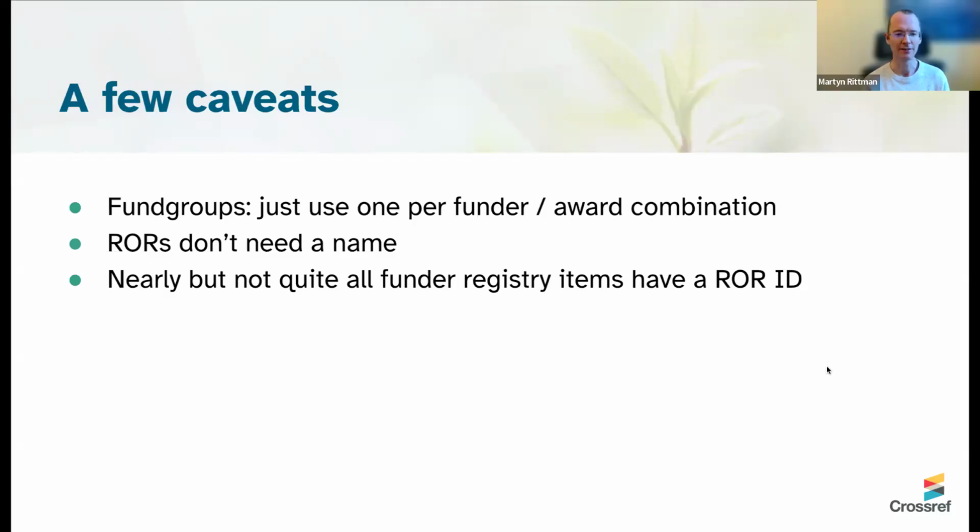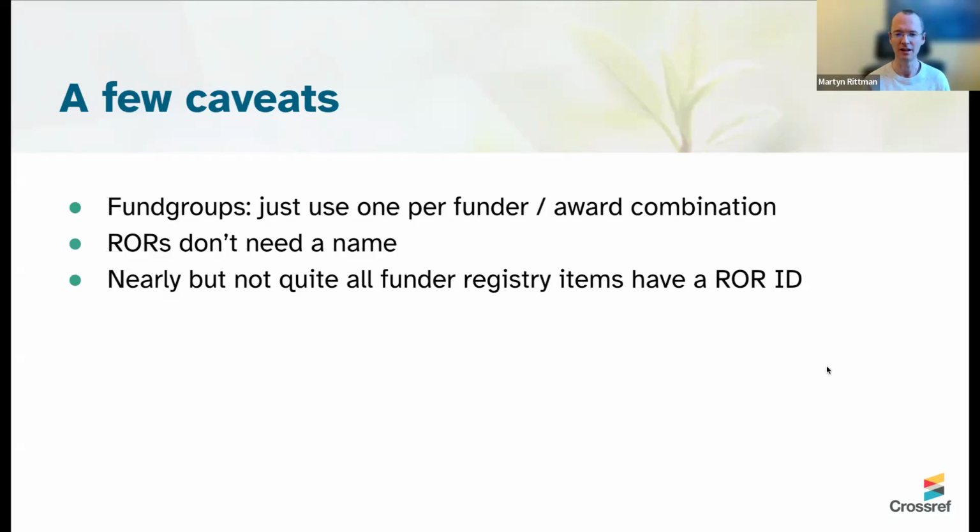And then the final caveat to mention here is that nearly but not quite all funder registry items have a ROR ID, and this is quite intentional. And I know it's something that Adam has looked into quite extensively, and it goes back to what I said about the curation of the funder registry. At some point in time, it was decided that funding programs could also have a funder ID, not just funding organizations.